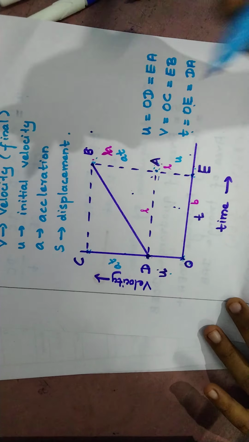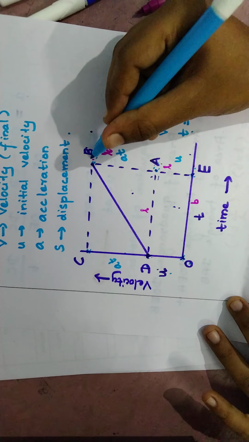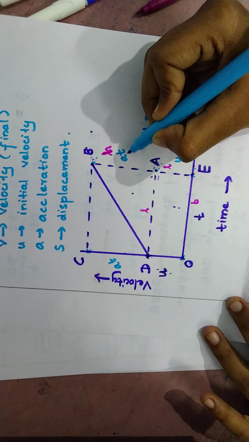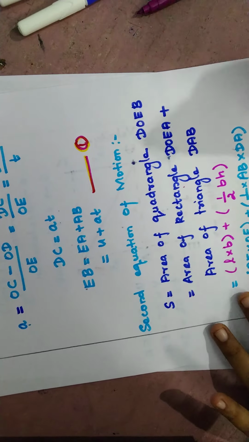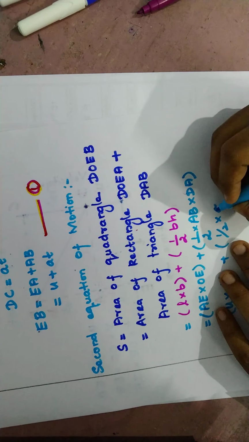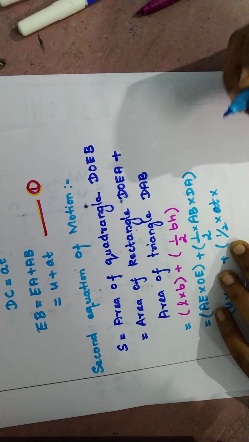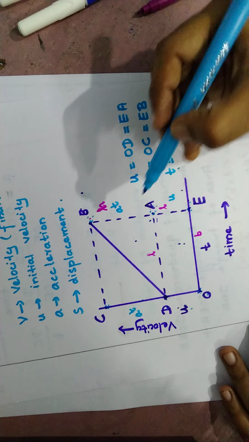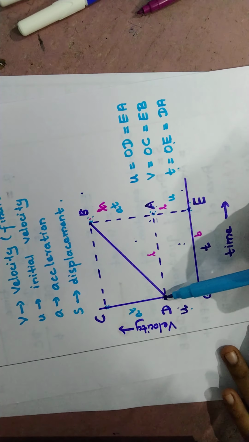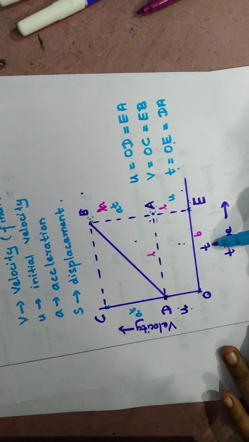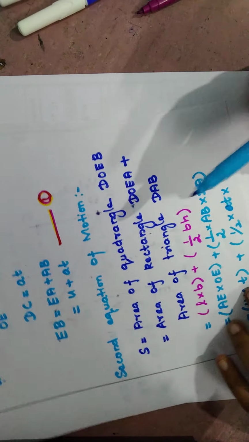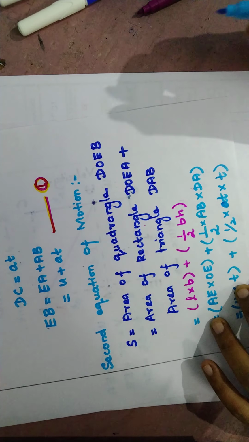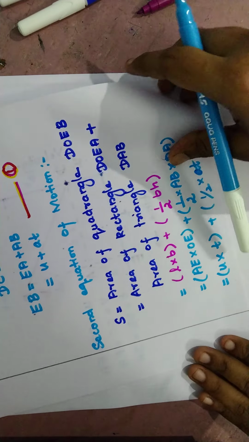AB value is 80, we get the value from the above equation. 80 into, what is the value of DA? See, where is DA? Here T means, here also it becomes T, right? So DA value is T. Okay, I am writing in another paper.